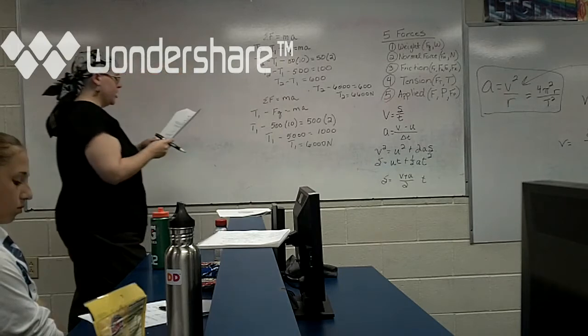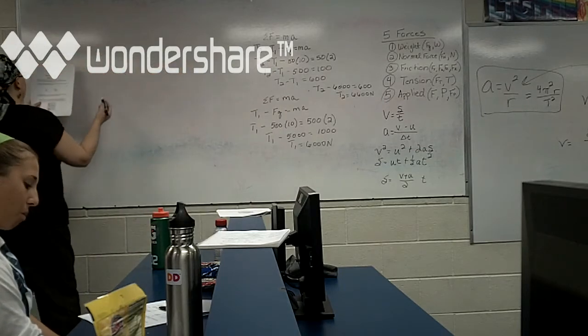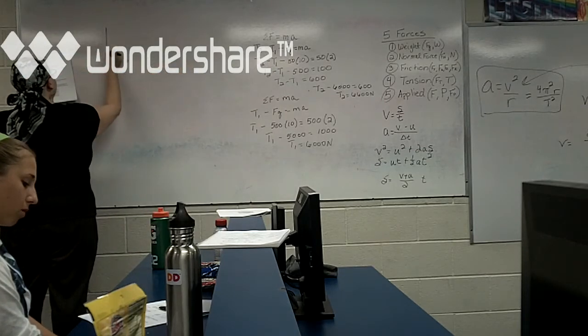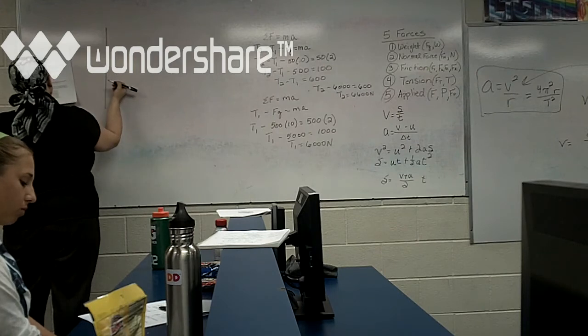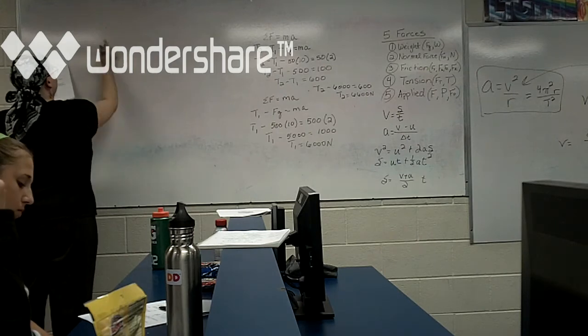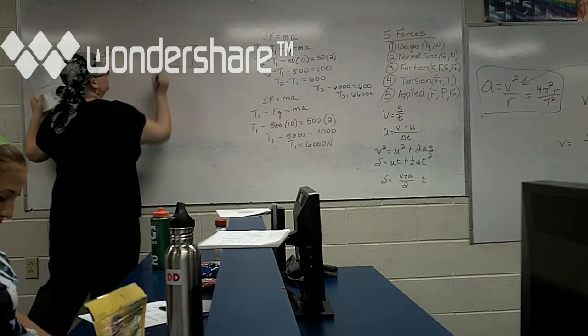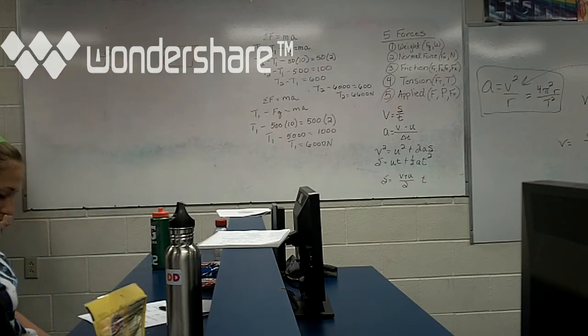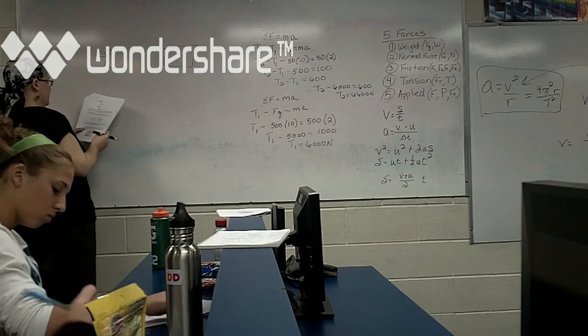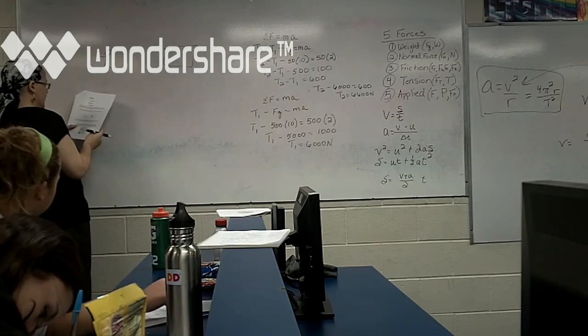The cable's lifting a construction worker in a crate. The weights of the worker and the crate are, here's our worker, here's our crate, two separate objects. The weights of the worker and the crate are 965 and 1510 newtons respectively.